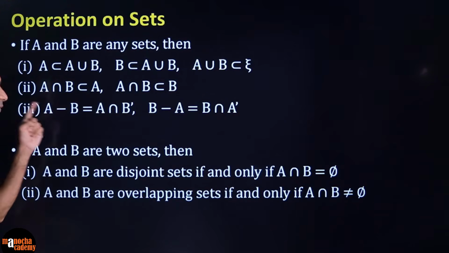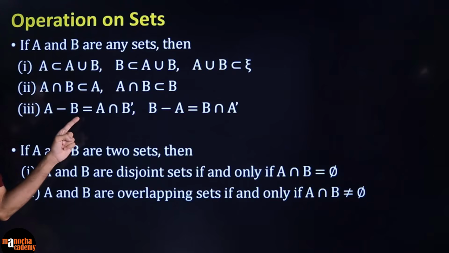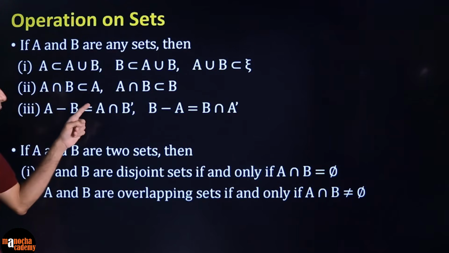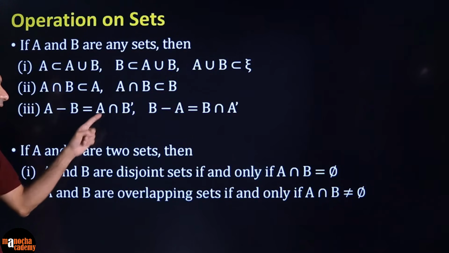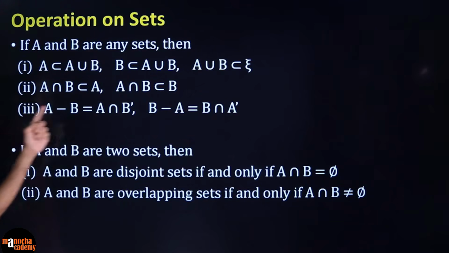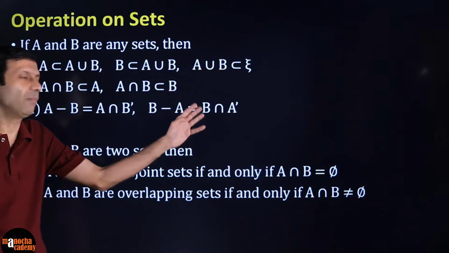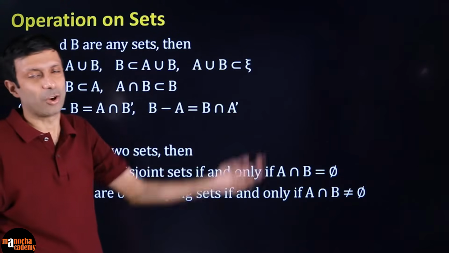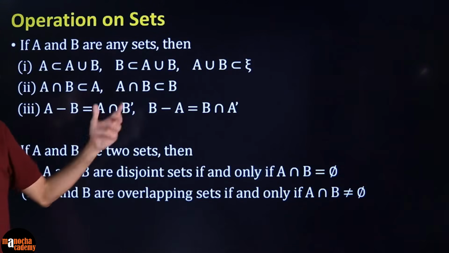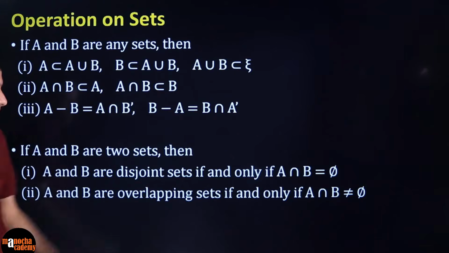All the elements which belong to A but not in B. And here the same thing we are saying, all the elements which are in A and not in B. So these are the same thing. So this is a very interesting way. Either you can write it in terms of difference or intersection. Similarly, B minus A is going to be B intersection A complement. So think about this with an example and you will understand it.